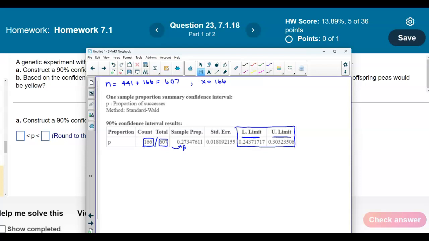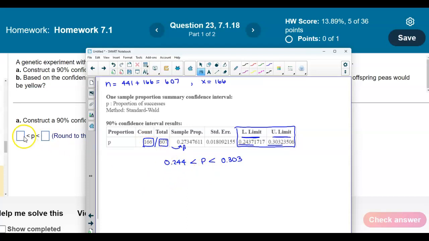So let's go ahead and write this out. So here we have our confidence interval, and then we're going to round this to 3 decimal places. So that's going to be 0.244 for the lower limit. And then the upper limit, rounded to 3 decimal places, is 0.303.